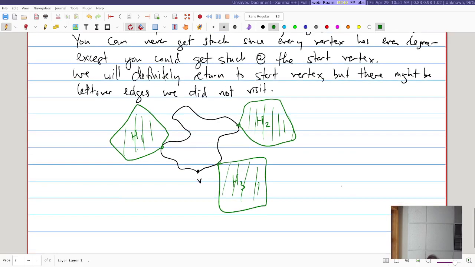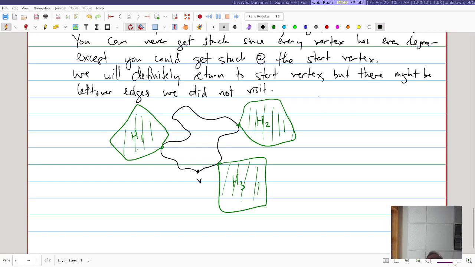Here's the thing. All these pieces are connected. All the vertices have an even degree because I just deleted two edges from each of them. And they have fewer edges because I deleted some edges on my cycle. So by the induction hypothesis, they all have an Eulerian circuit.